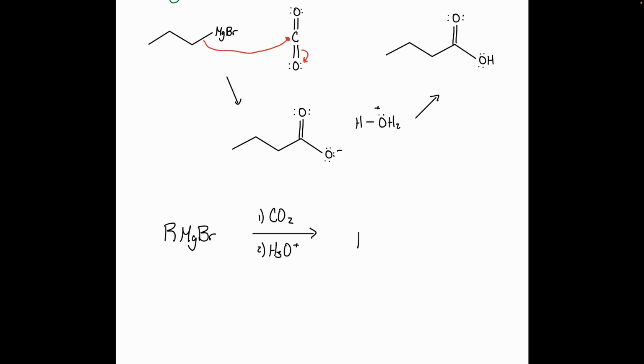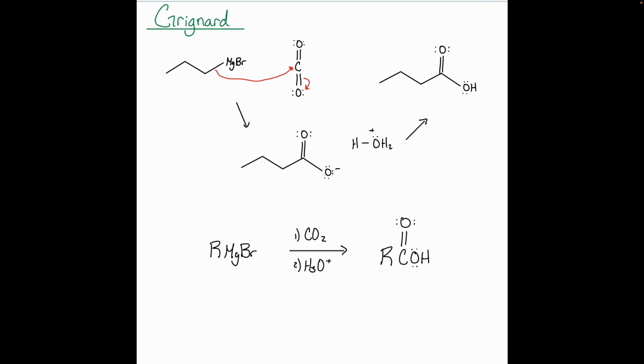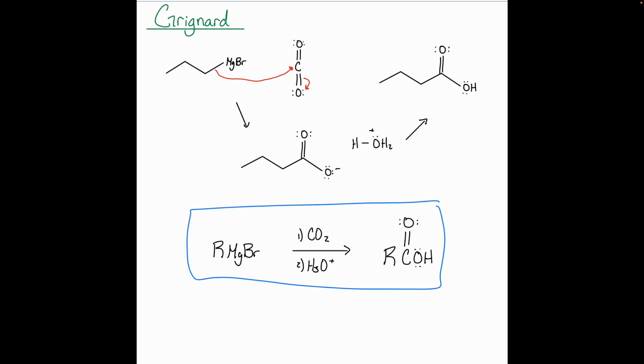And importantly, on the other side, we would get our same R group plus one additional carbon. So we can use our Grignard reagent with carbon dioxide to create a carboxylic acid as well.